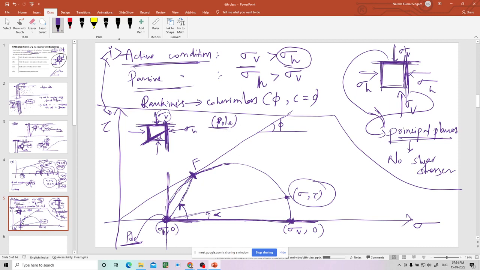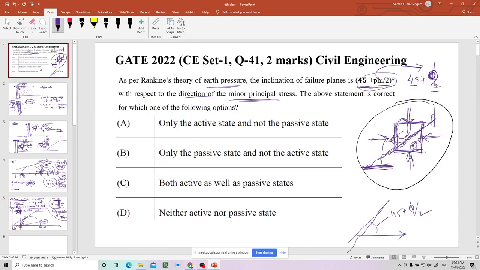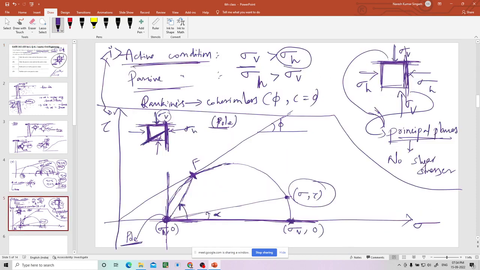I'll go to the question. Inclination of the failure plane, that is what we need to find out. You take the failure point, you take the pole and join them, and whatever is the angle, that is called the inclination of the failure plane.